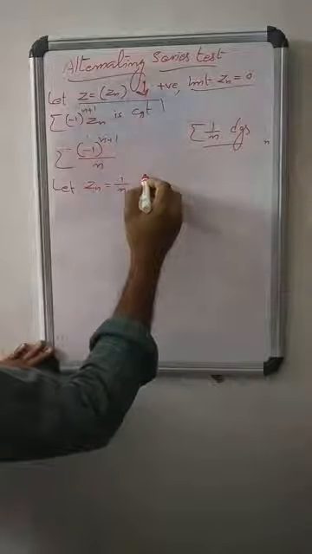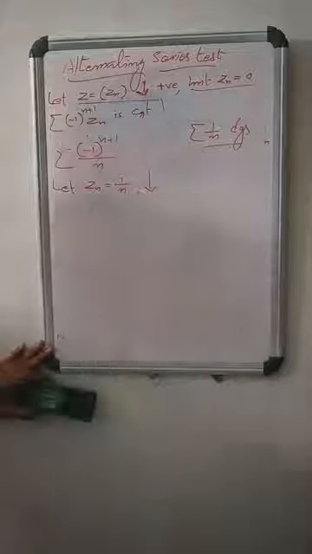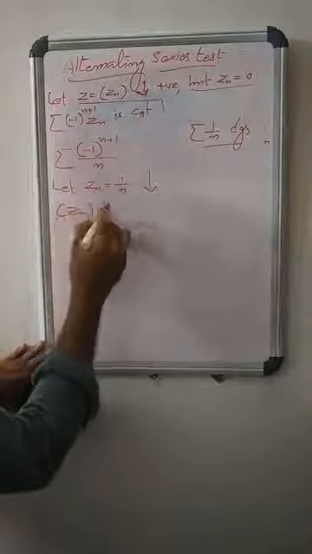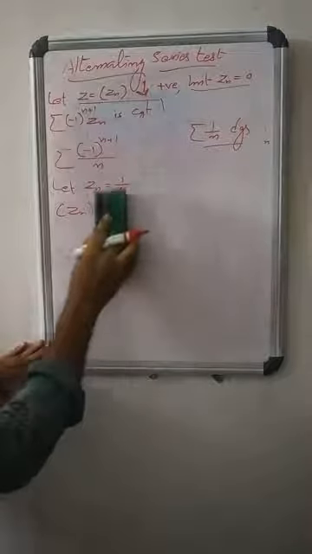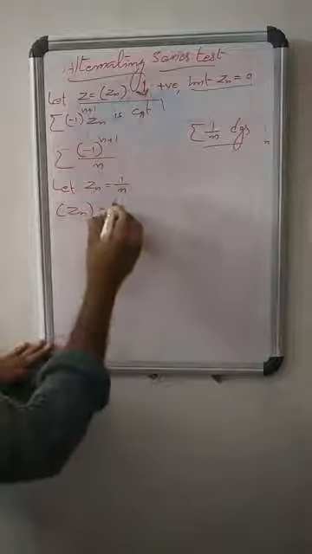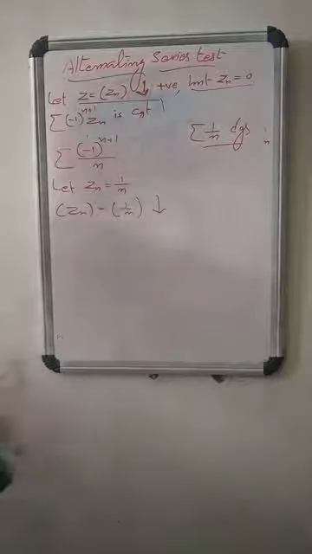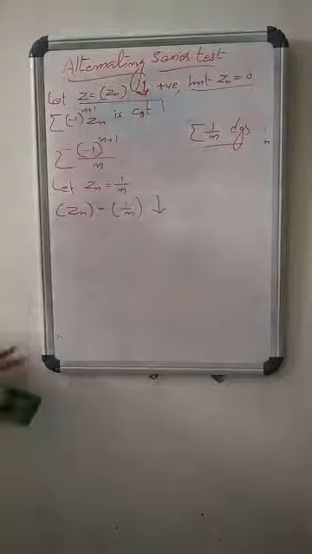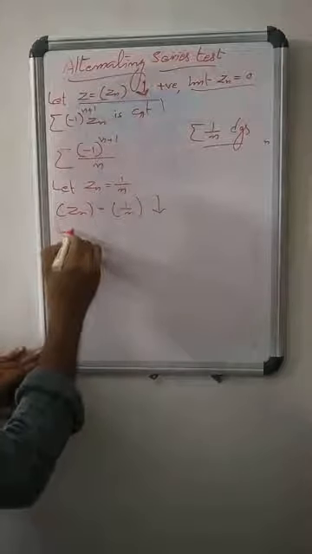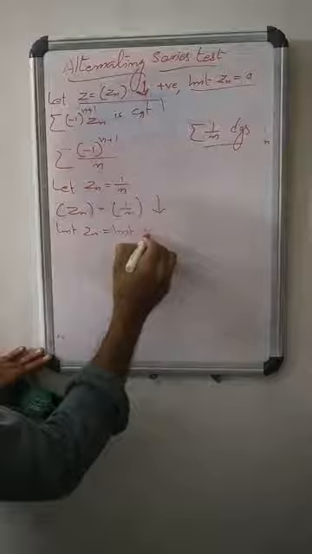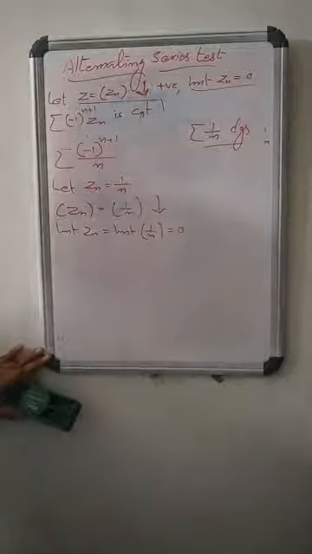So 1 by n is a decreasing sequence. Agreed? What is limit z_n? Limit z_n equals limit 1 by n, which is 0.